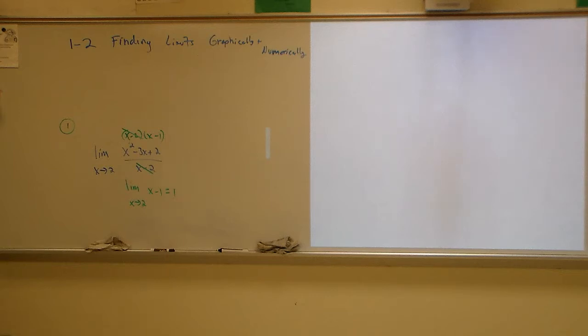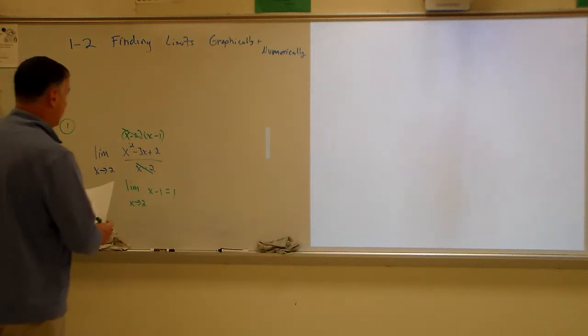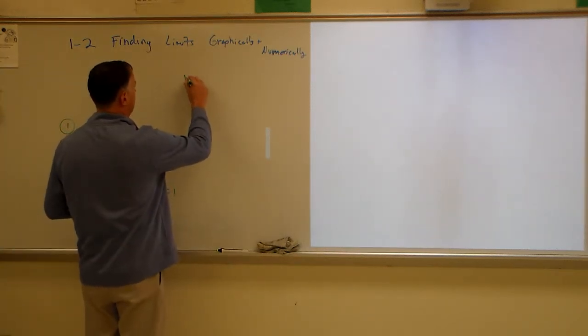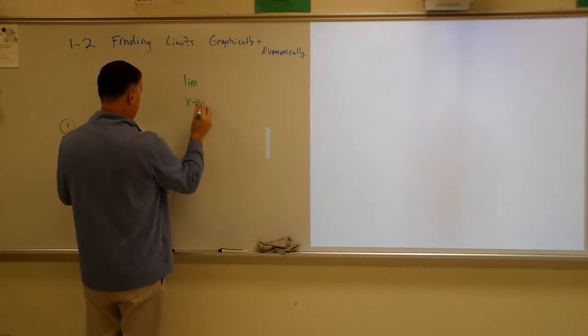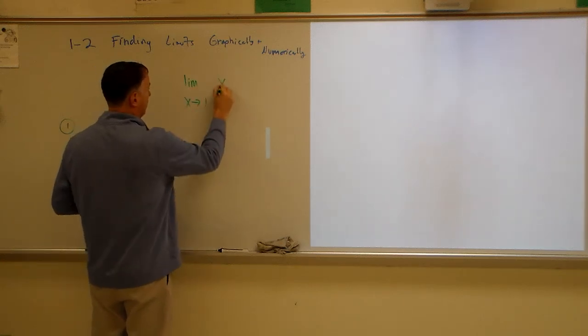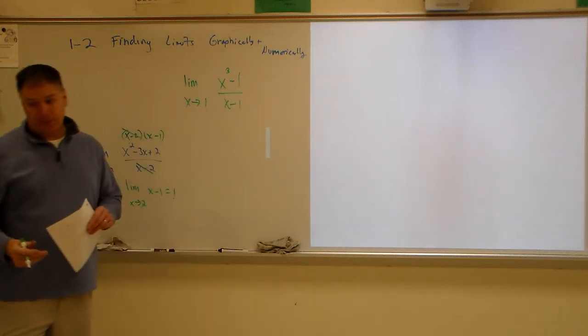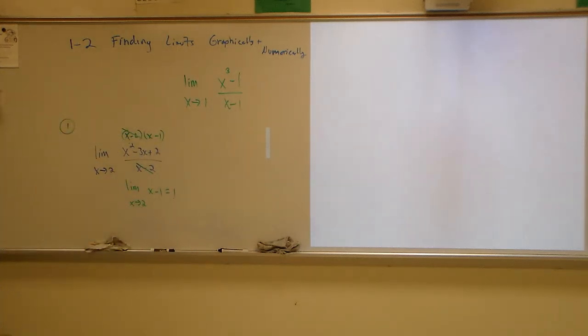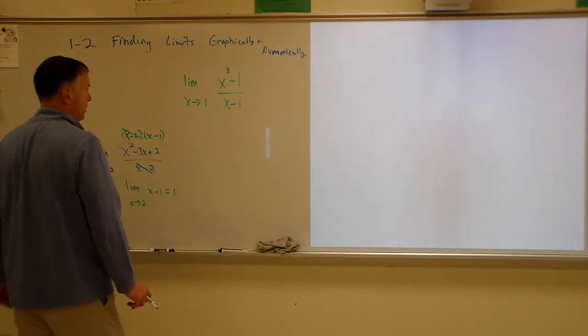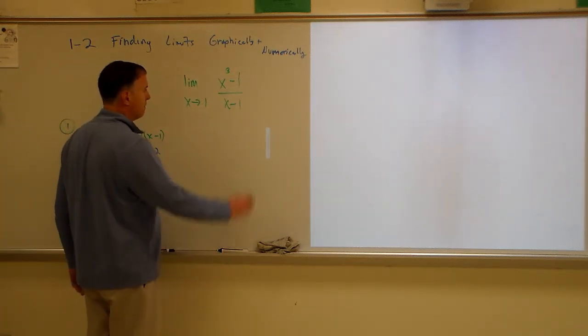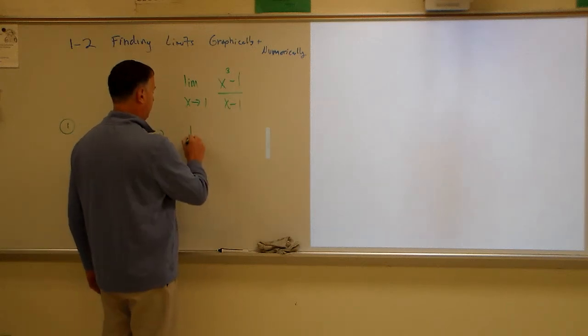That's the third way. So back to that first one that we did: the limit as x approaches 1 of x cubed minus 1 over x minus 1. In section 1.3, they want us to do this analytically. We could factor that top.